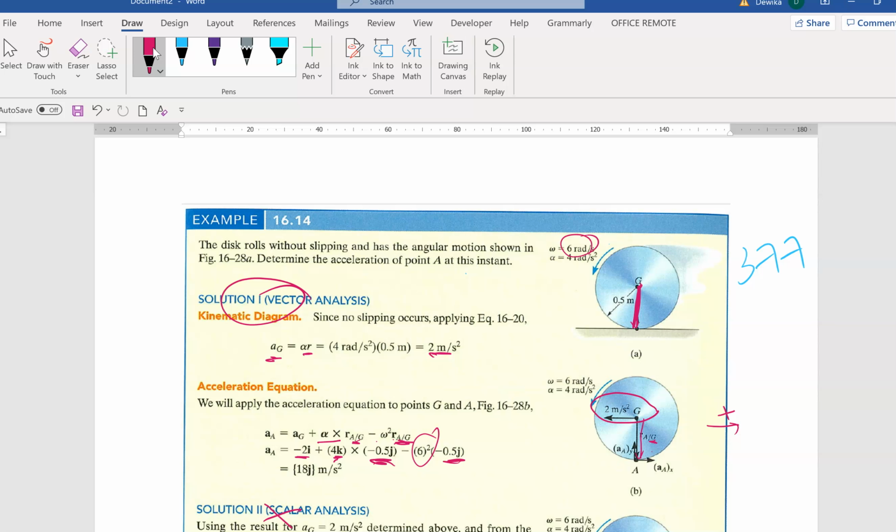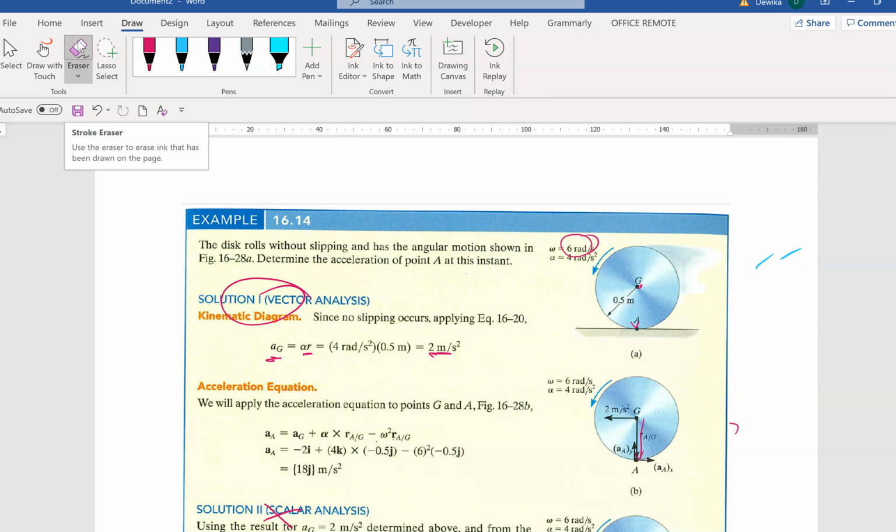Why is it minus? Because it's pointing downward in the j axis, the y axis. So when you solve all this using your mathematical formula, what you get is 18j.